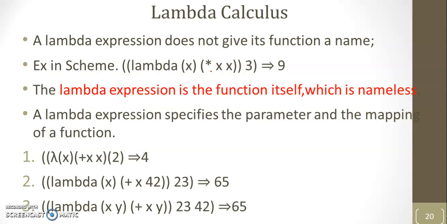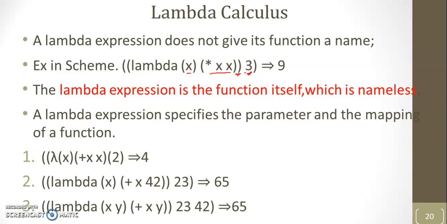So lambda of x star x x: lambda of x is the argument, and star x x is the body of the function. This lambda is closed here with the parenthesis. Next comes the 3, which is given as an actual argument to the lambda function.